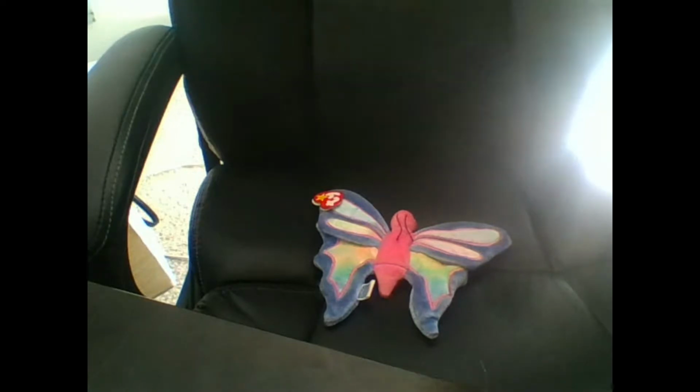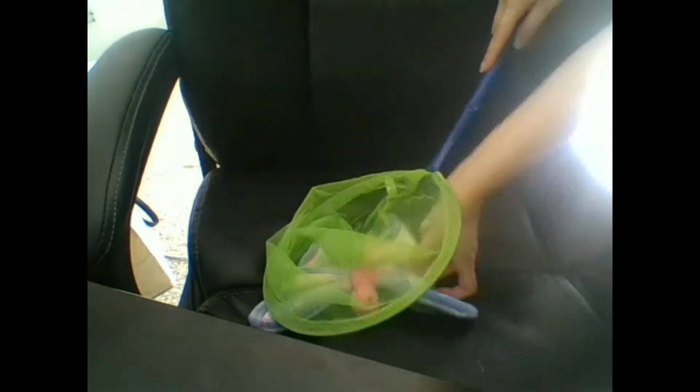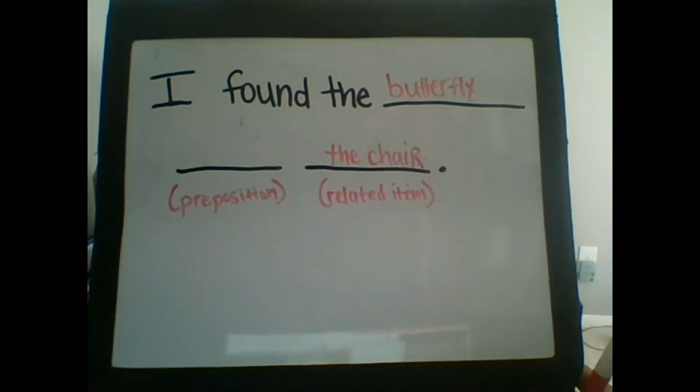So once the object is found, for example, the butterfly could be sitting on a chair, you ask the student where they found the butterfly. And you can give them a verbal or written prompt on the board if needed, if they need that cue. So you can say, "I found the butterfly," and then they need to fill in the preposition.